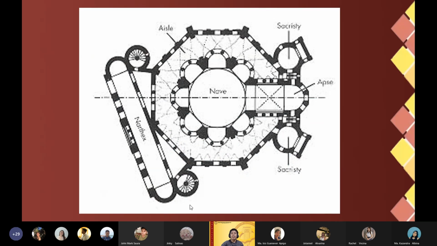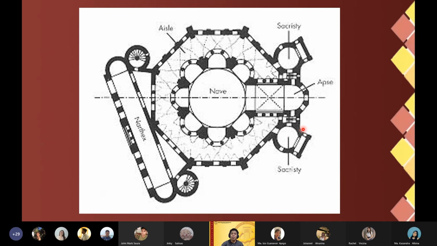If you notice, the names of the parts here are still the same as in early Christian architecture: the nave, the aisle, the apse, the transept. Only the sacristy is added. Sacristy is a room in Christian churches wherein they place their valuable things, like gold cups.